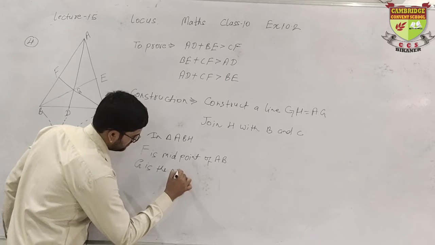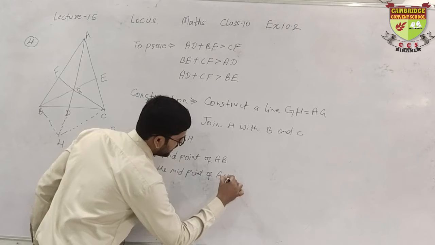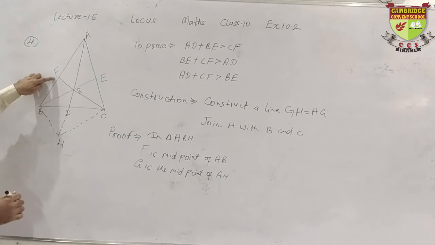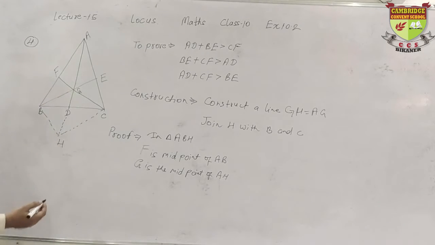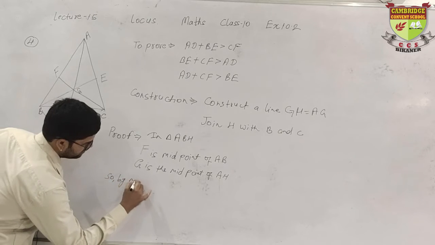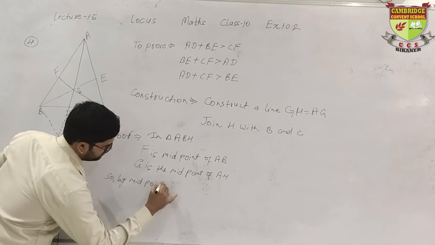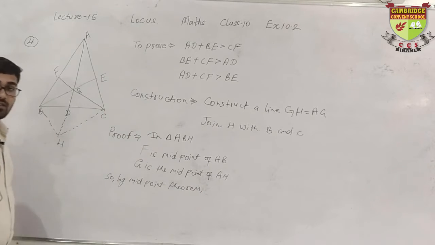G is the midpoint of AH. This is the midpoint, this is the midpoint. And in class 9th, we studied the midpoint theorem. From that theorem, so by the midpoint theorem, what can we say?